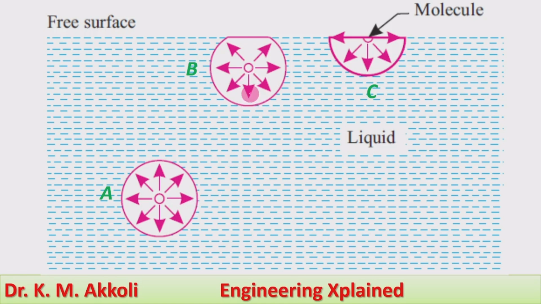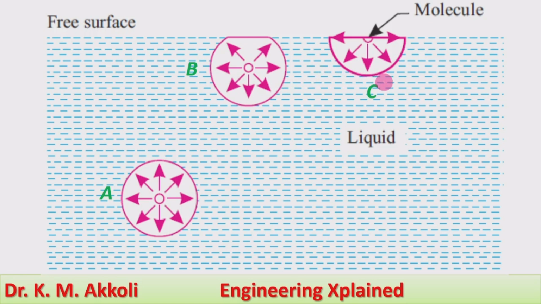Molecule B, which is nearer to the free surface: in the downward direction all molecules are attracting this molecule, and in the upper direction there is no molecule, so there is no force of attraction from above. Due to that, an unbalanced resultant force acts on molecule B in the downward direction, and that net downward force is the tensile force.